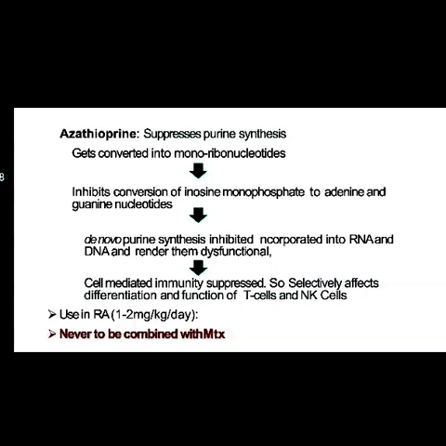So finally the purine synthesis will be inhibited, and it is incorporated into RNA and DNA, which further renders their functions lost, causing dysfunction of these DNA or RNAs. Finally, they suppress cell-mediated immunity. So selectively, they can affect differentiation and function of T cells as well as natural killer cells.